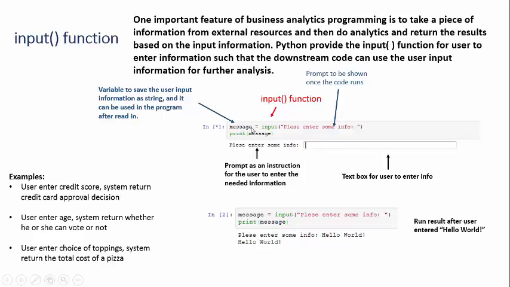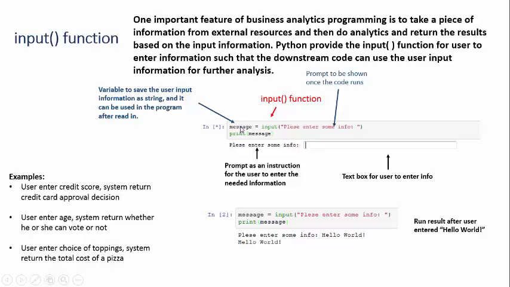The variable is set equal to the input function, which means the input function will take care of showing the prompt and take whatever the user inputs as a string and save it to the variable you define on the left. In this particular case, message is going to contain whatever information the user entered into the text box.